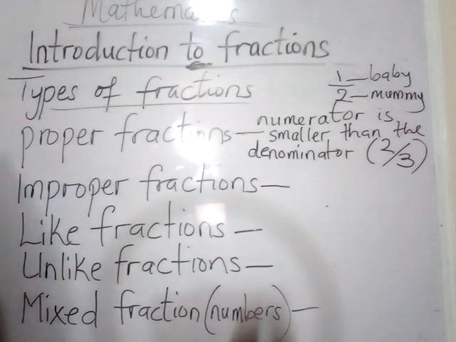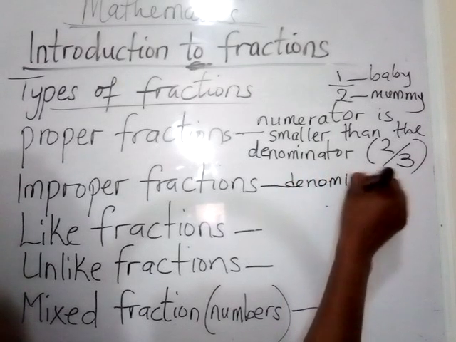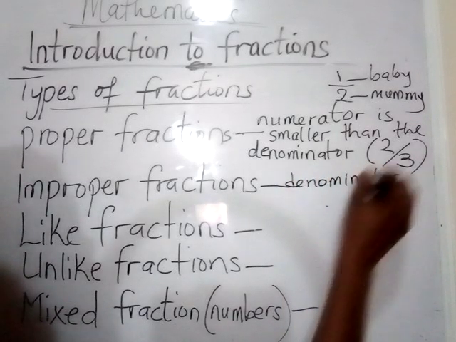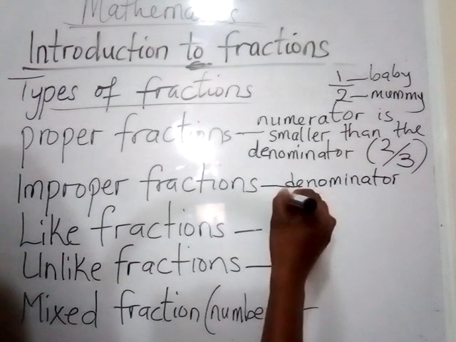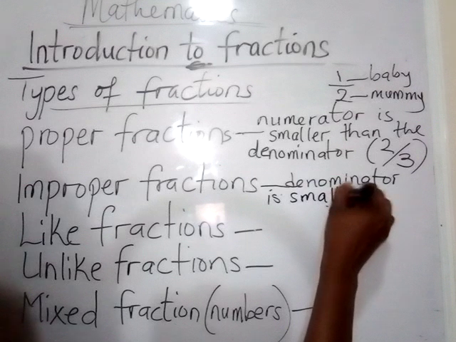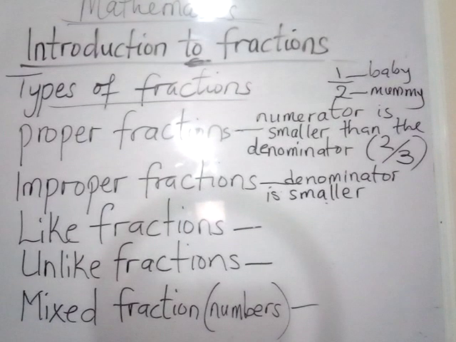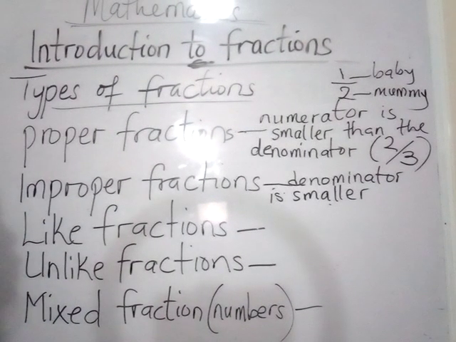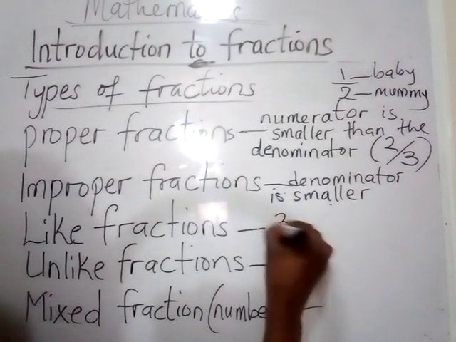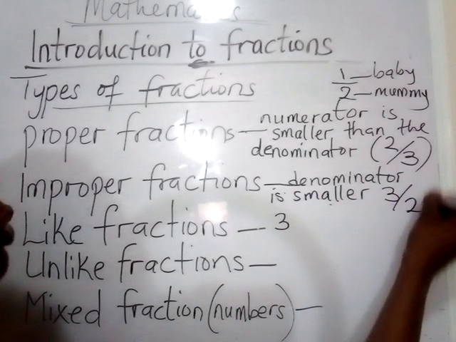Improper fraction, where the denominator is smaller than the numerator. So an example will be 3 out of 2.